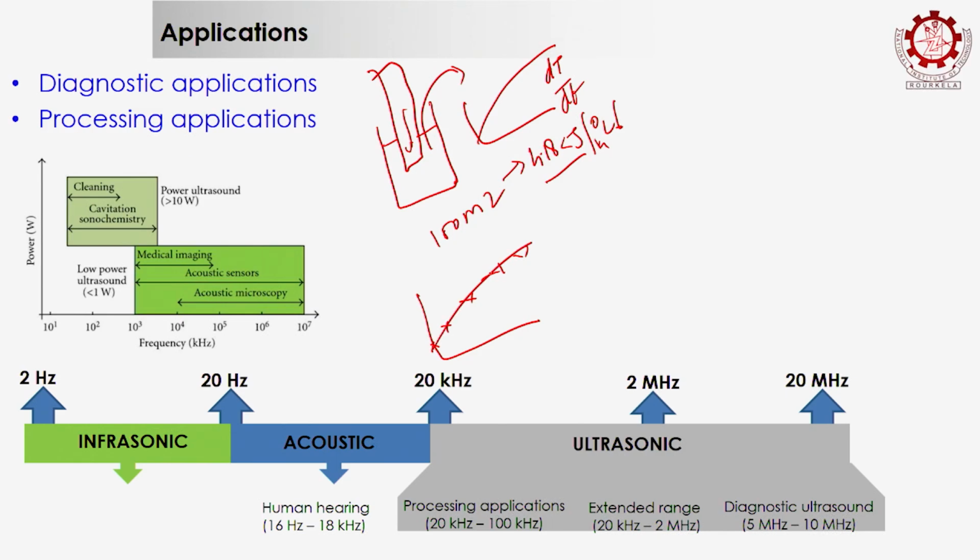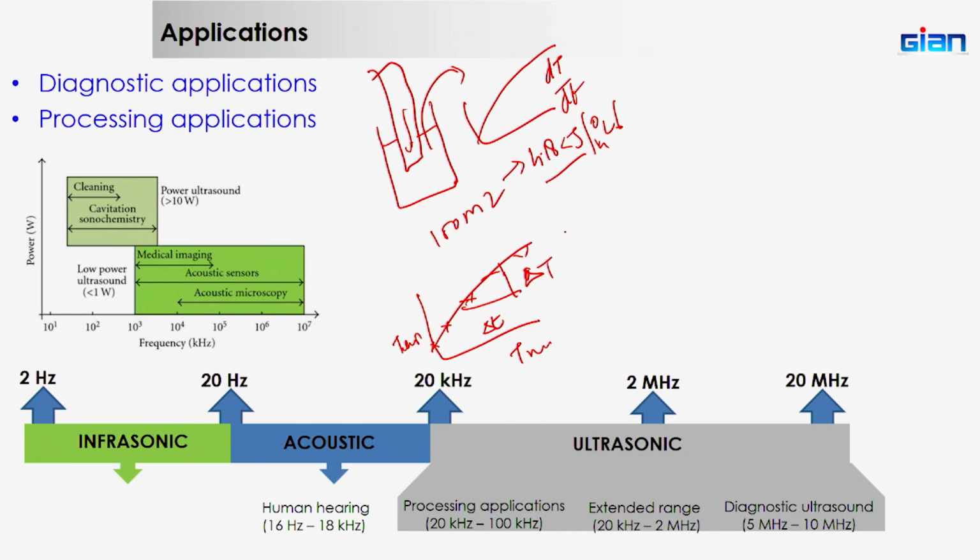Suppose this is your temperature and this is your time. When you take the slope of this, dt means delta t. Those from a physics or maths background understand that. You measure the slope of this.